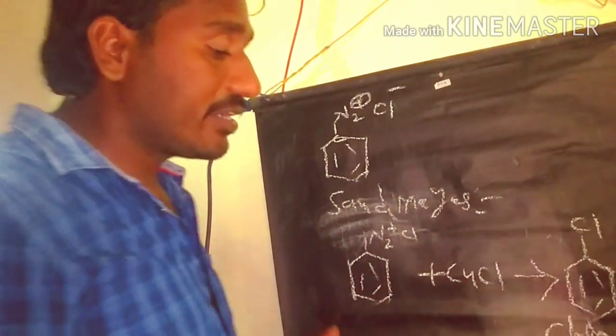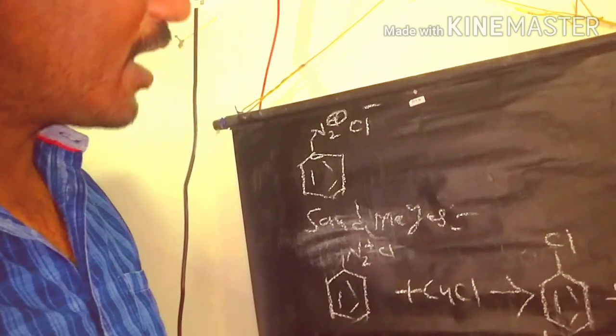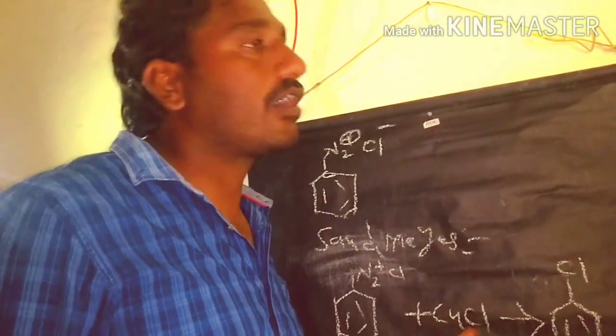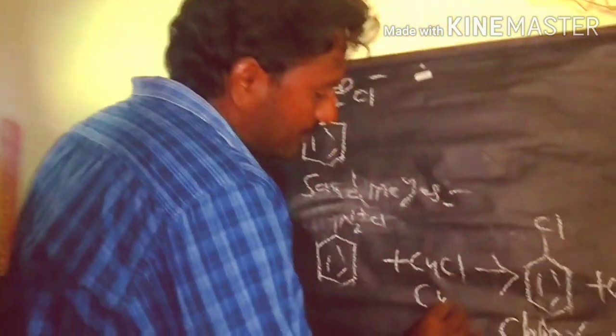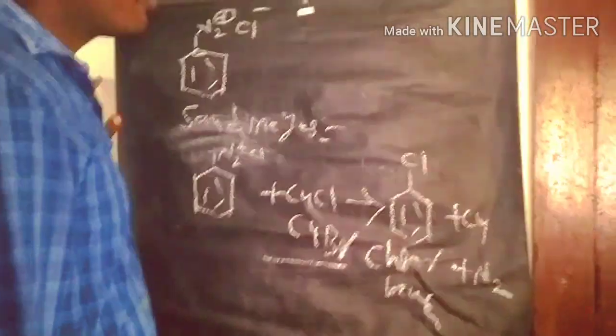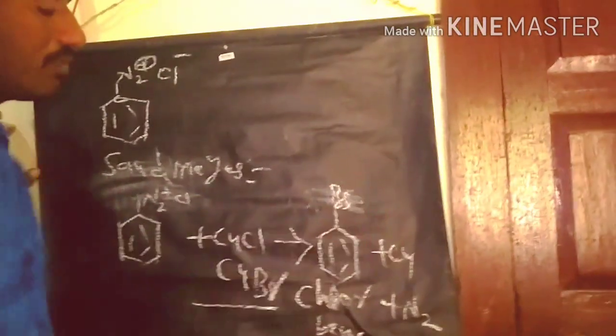We can also react with other compounds. To prepare bromobenzene, in place of copper chloride we take copper bromide, so bromine is the substitution on the benzene.